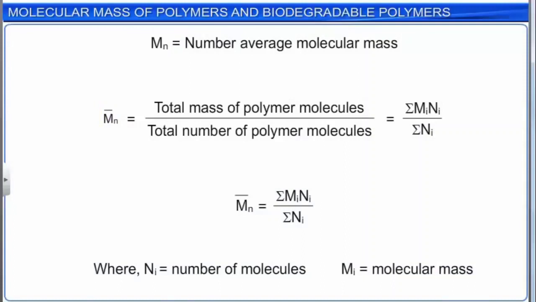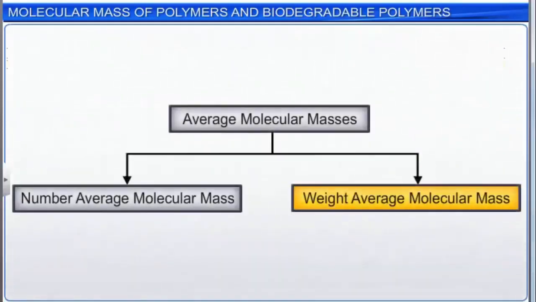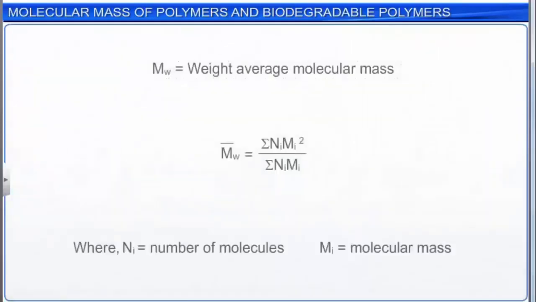To calculate number average molecular mass, find the total mass of polymer molecules and divide it by the total number of polymer molecules. Weight average molecular mass is indicated by MW. The formula to calculate MW is given here.